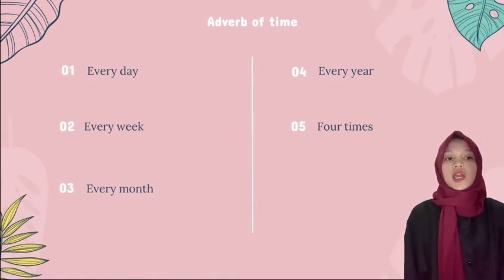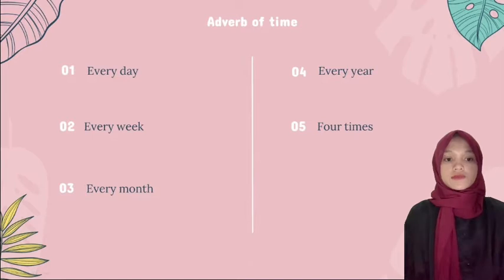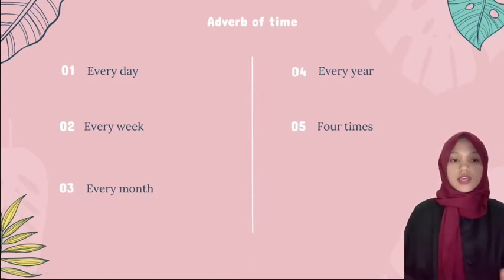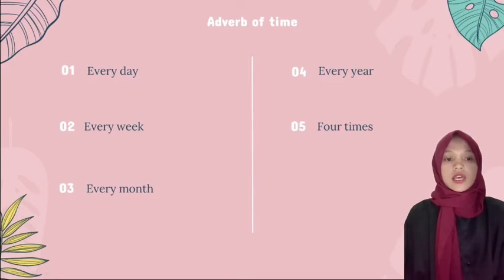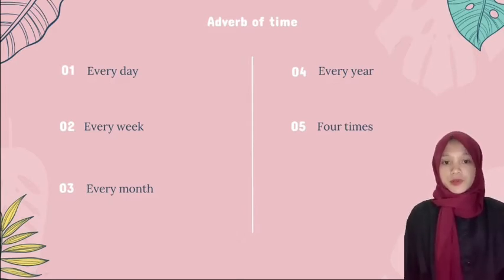First, every day, every week, every month, every year, and four times. So when you see these, and the verb is in the basic form, it's possible that the sentence is in the simple present tense.